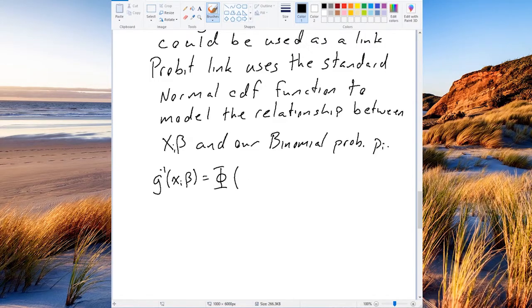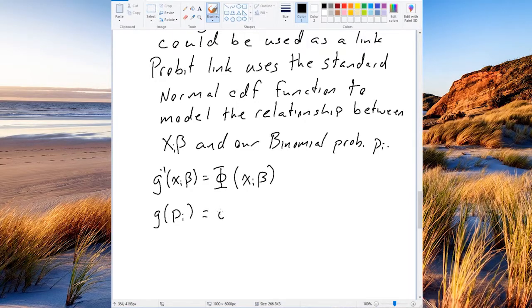So I'm going to use capital phi of just xi beta. I'll take my xi beta, plug that into the sigmoid function for a standard normal distribution, and that will return a probability for me. How do I write the inverse, G of pi?